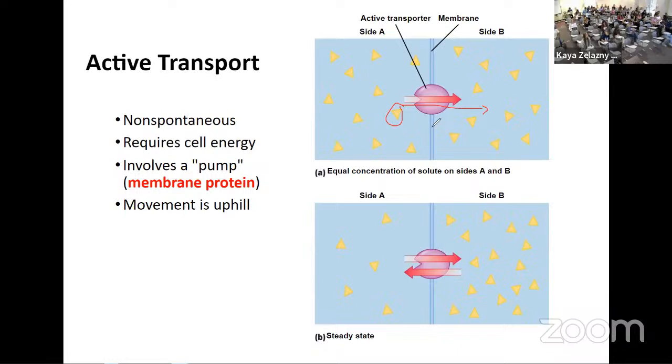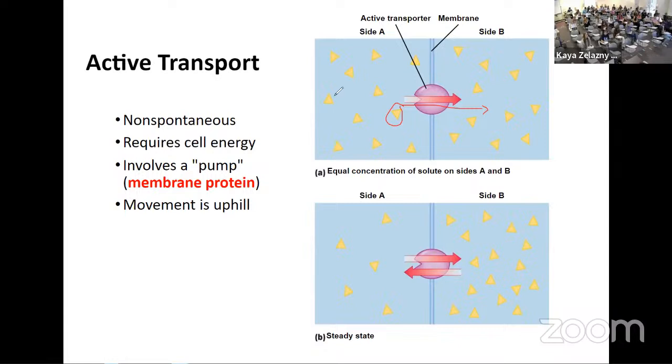This is going to be active transport because it looks like we're starting out with equal concentration. We're creating a gradient, right? So we're starting with this equal concentration. So we would expect there to be no net flux because this environment is at equilibrium. We have equal amounts of this substance dissolved in the extracellular fluid and the intracellular fluid.